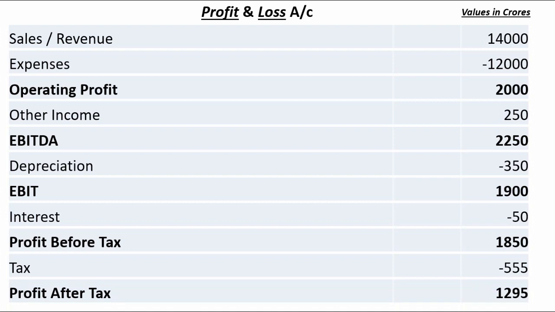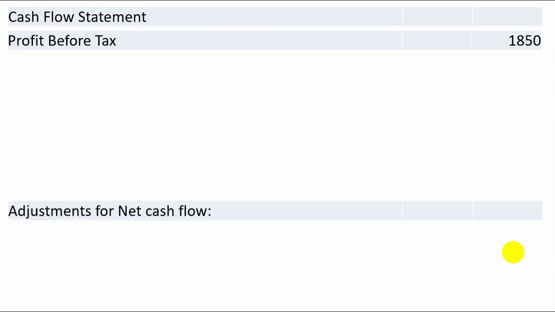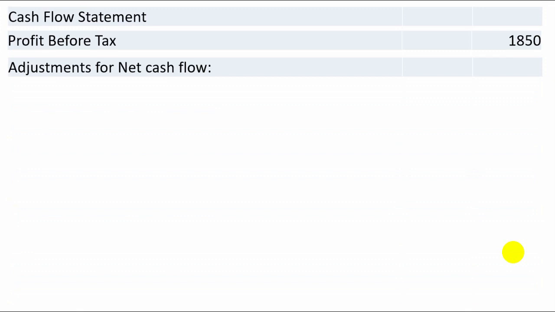Now let us understand how the cash flow from operations is calculated using the profit before tax value of 1,850 crores as our reference. The profit before tax was 1,850 crores. The company has to do adjustments for the net cash flow, that is, account for any non-cash as well as non-operating items.